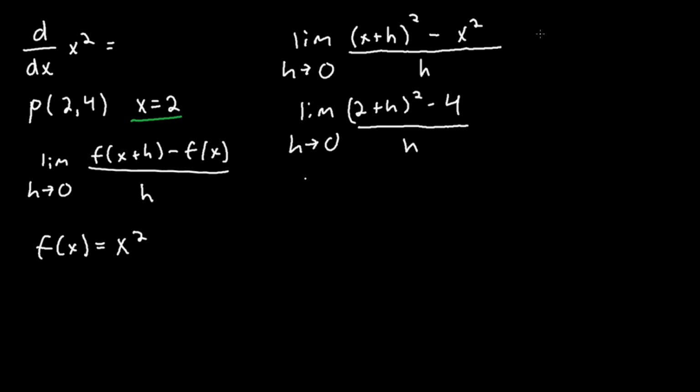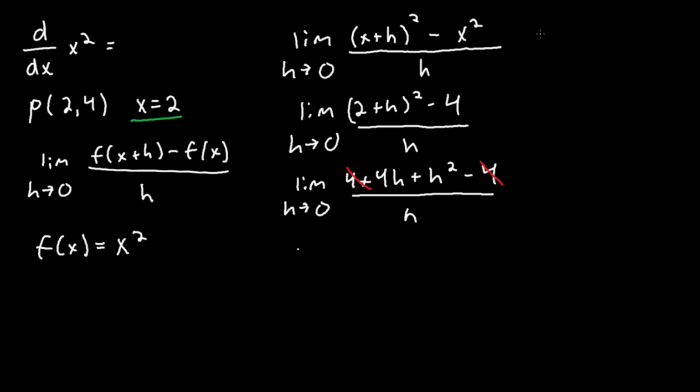So what else can we do? Well, we can expand our squared term here. And expanding this gives us 4 plus 4h plus h squared minus 4 over h. Now, look what happens.